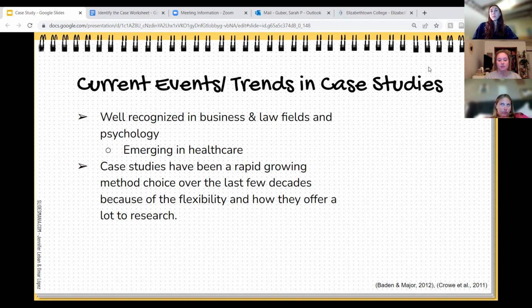A unique case may call for a case study so that if a patient comes into a facility with a similar case, a physician or healthcare provider can read a case study to help them know the best form of care. And case studies have been a rapidly growing method choice over the last few decades because of the flexibility and how much they offer to research, because you can use so many different forms of data.